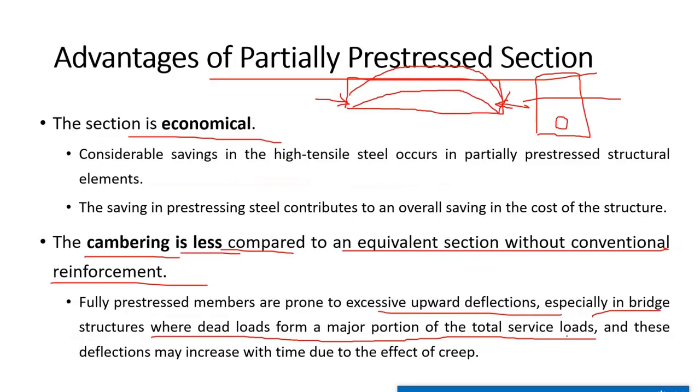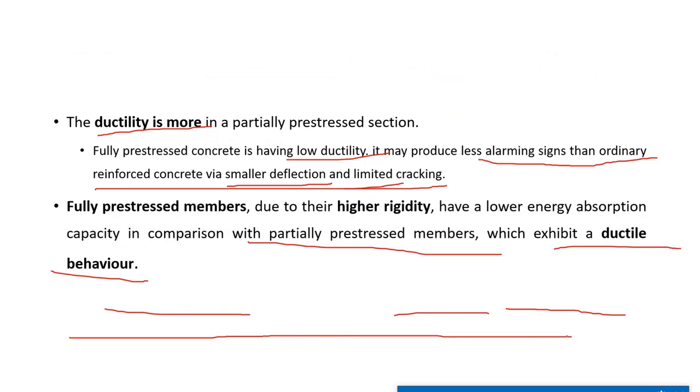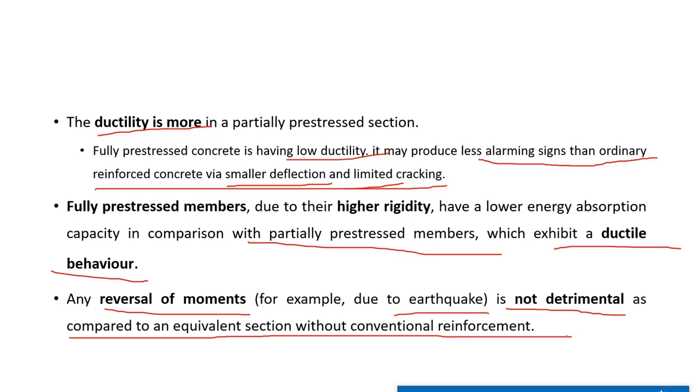So we have discussed that the section is economical, the cambering is less, ductility is more in the case of a partially prestressed section, the partially prestressed section has higher energy absorption capacity, and it can cater for the reversal of moments. And in such cases it is not much detrimental compared to the equivalent section without conventional reinforcement.